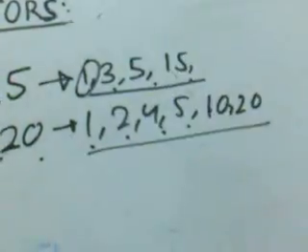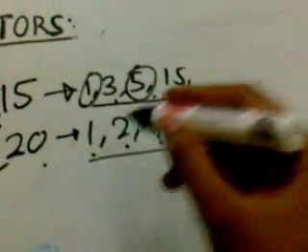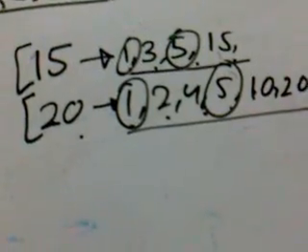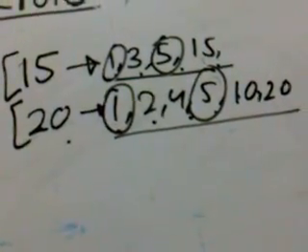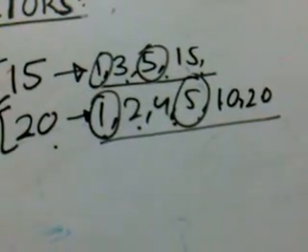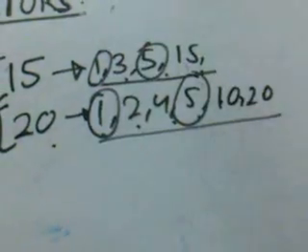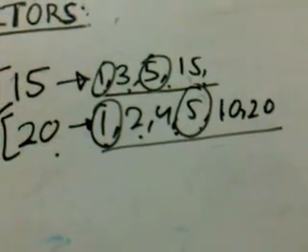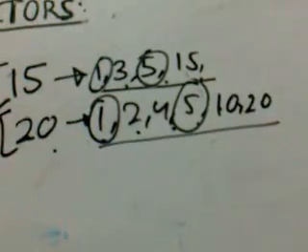Yes, we have 1, we have 5. Any more? No. So 1 and 5 are common factors of 15 and 20. Of 1 and 5, 1 is the least common factor and 5 is the highest common factor.